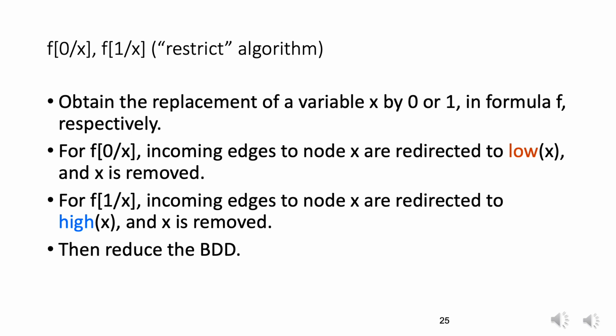Restricting x to 0 is done by redirecting the incoming edges of a node that is labeled by the variable x to its low successor and then removing that node. And similarly, for restricting x to 1, its incoming edges are redirected to its high successor and then x is removed. Then we may need to reduce the BDD.